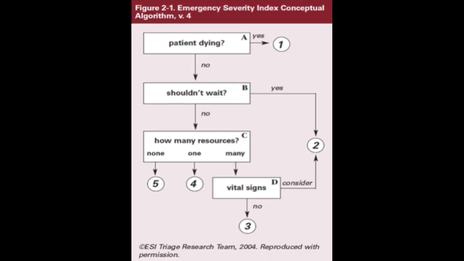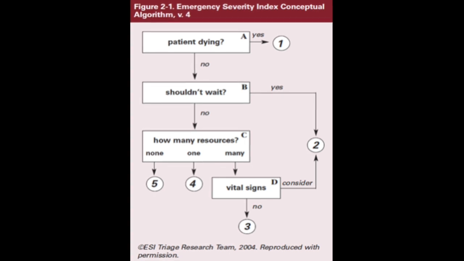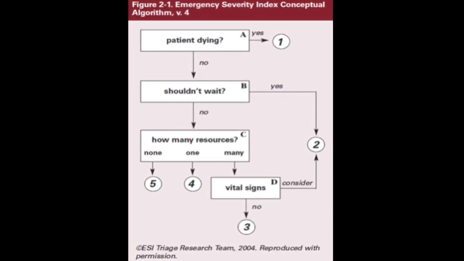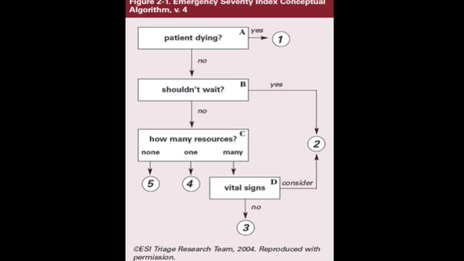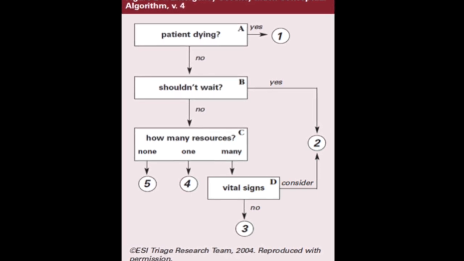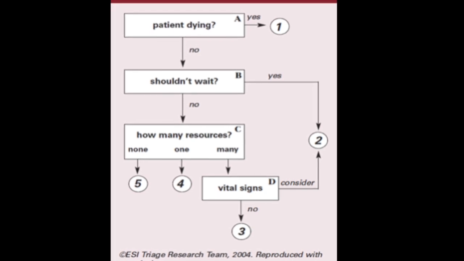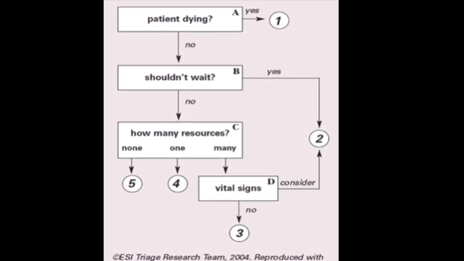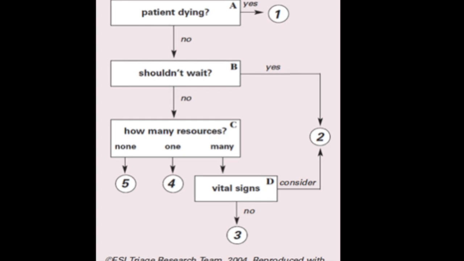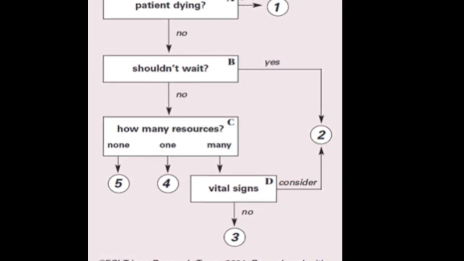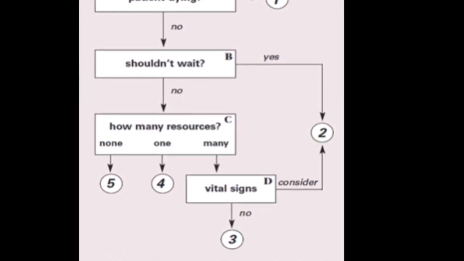Okay, so let's say that you have done your across the room evaluation, and the patient's general appearance, work of breathing and circulation look like it's not life-threatening. They indeed can wait for a provider. You can go ahead and bring them into your triage room and start doing vital signs.